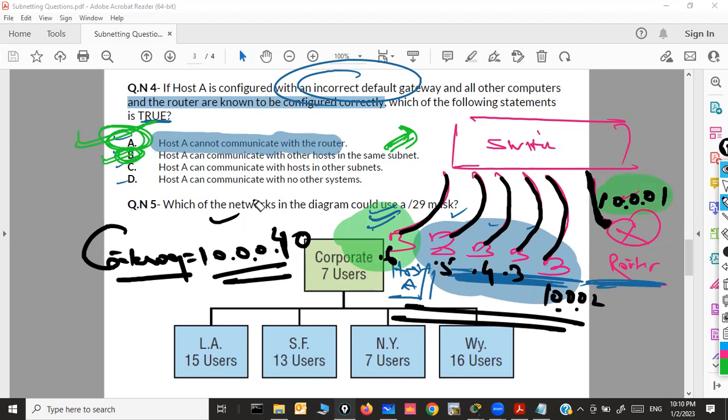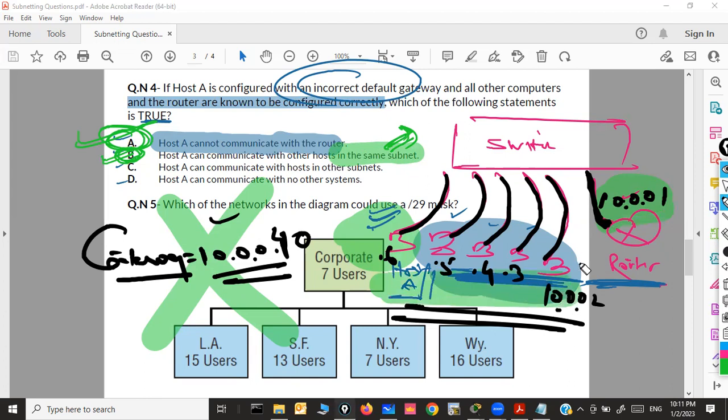Even if there is an improper gateway, no problem, because the router has the proper IP address configured. So the router IP address will definitely be reachable. And host A can communicate with other hosts in the subnet, yes, because host A will communicate with the router and other computers also.